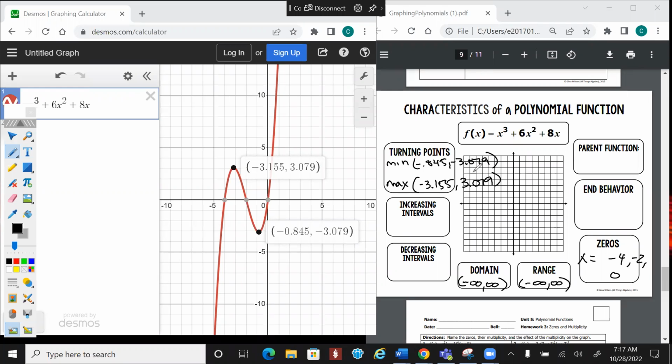For intervals of increase and decrease, remember that's when the y values are increasing or decreasing. So that's going to happen right here. We're going to increase right here from -infinity to -3.155.